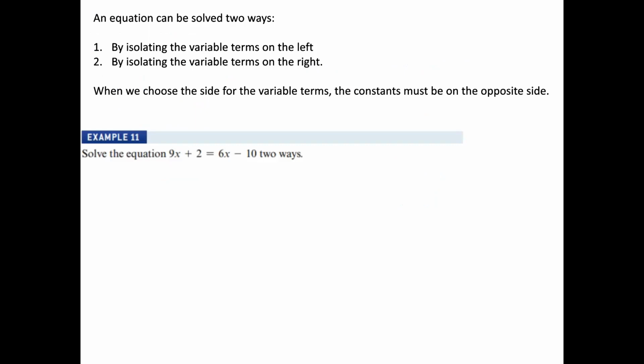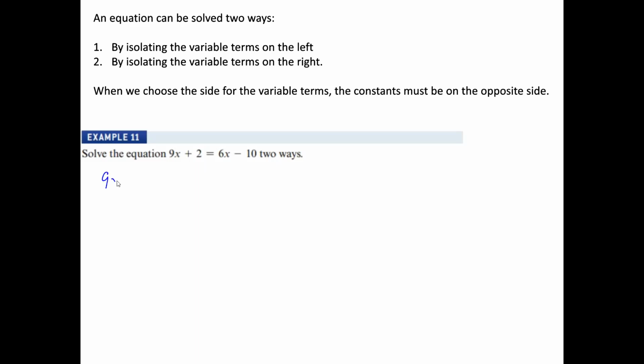First, by isolating the variable terms to the left, or by isolating the variable terms to the right. So both are the same thing. Why do we need that? It happens that subconsciously we accept positive values more than negative, right?